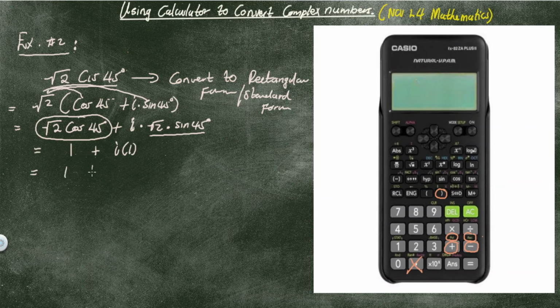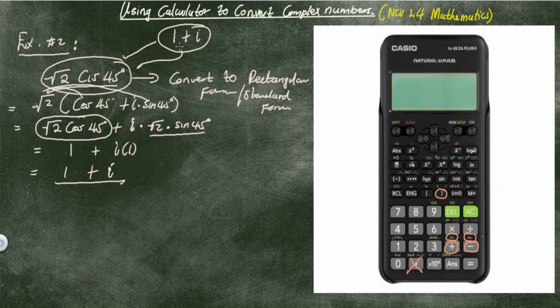This is equal to 1 plus simply I. Alright, so you remember this from our previous 2 examples, right? So this was 1 plus I initially. I showed you how to convert this to a polar form. So now we are taking this and converting it back to standard form, which is the same as before. Okay, now let me show you how to convert this using a calculator.